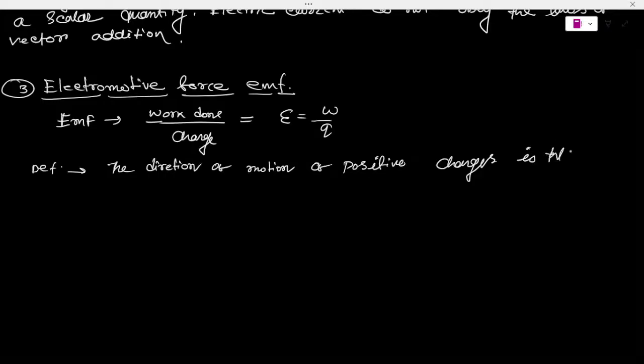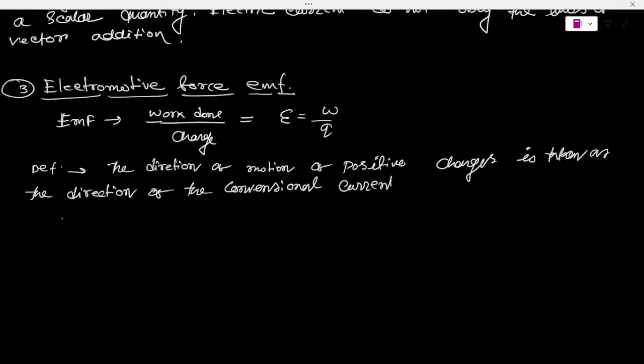So the electron is negative, and the direction of positive charge is taken as the conventional current.